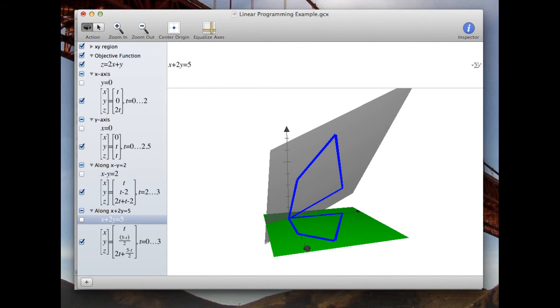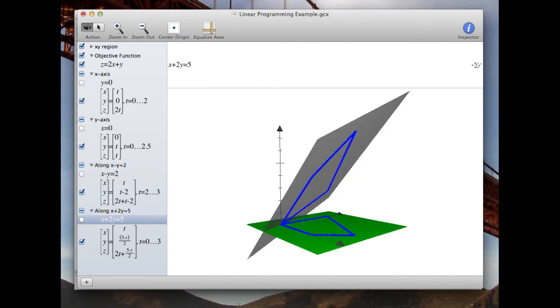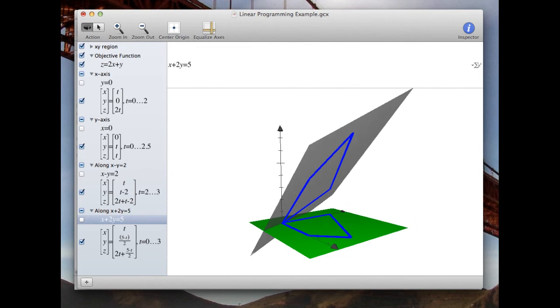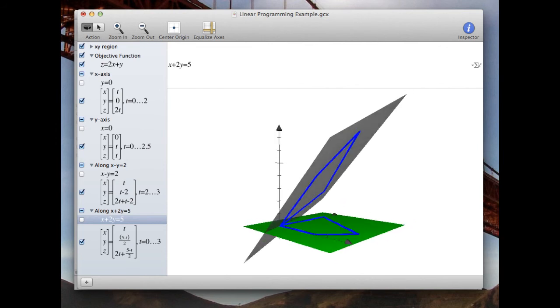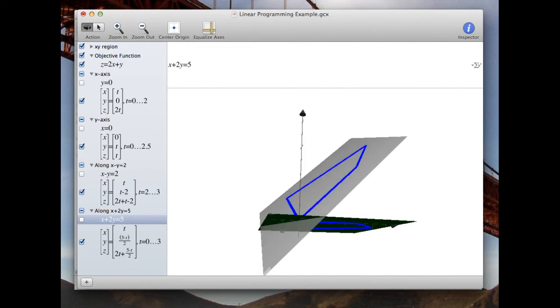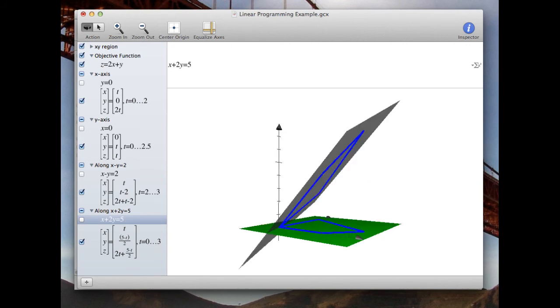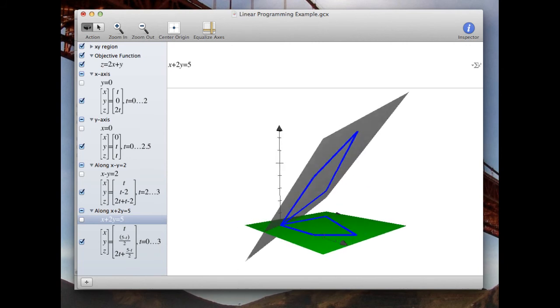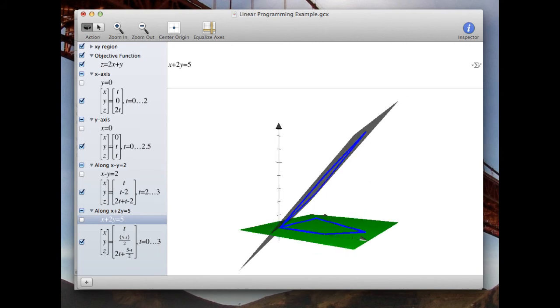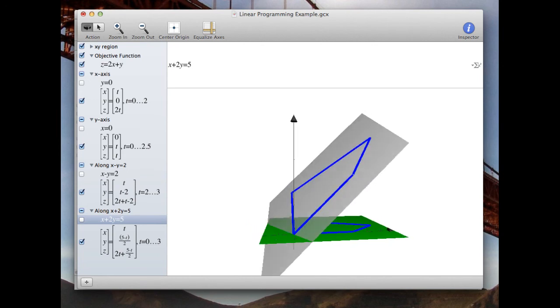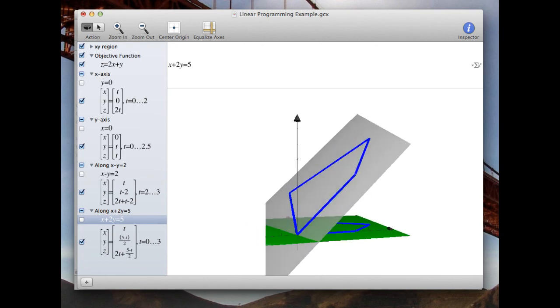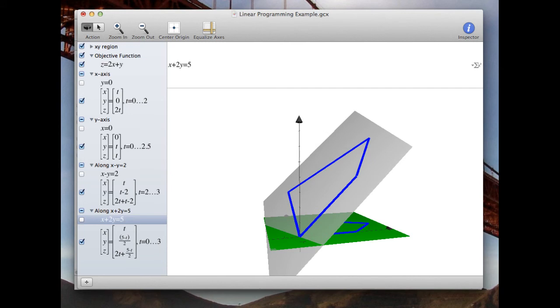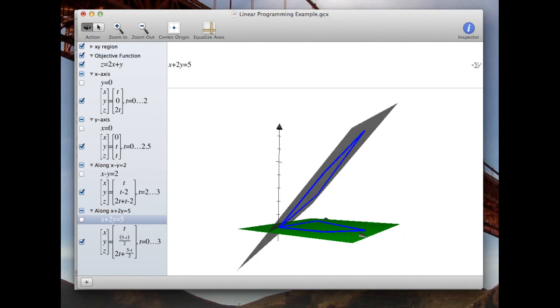And the objective function is also a plane, and it's kind of the roof of that room. So what you're looking for is the highest point on the roof, and if you just think about it, as long as you have perfectly straight walls and a perfectly flat roof, the biggest value and the smallest value, the biggest height of the roof and the smallest height of the roof, must occur at one of the corners, and that's why it works the way it works.